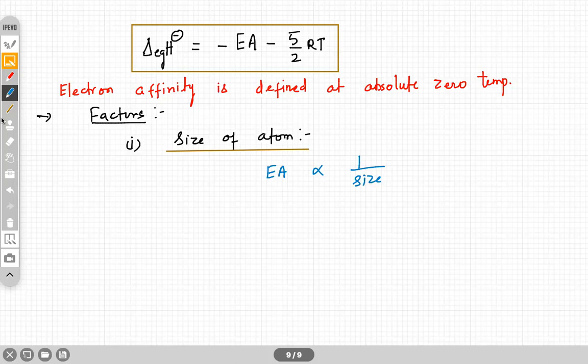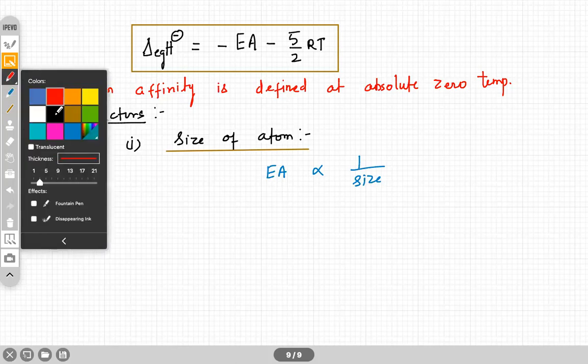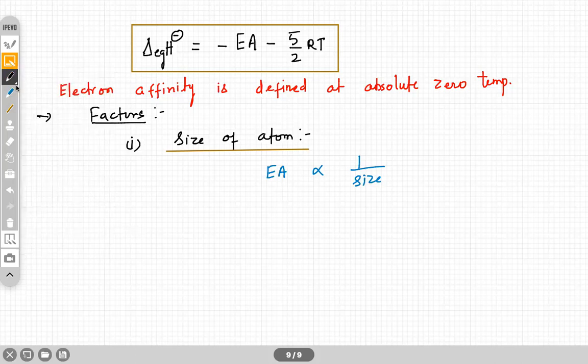Effective nuclear charge, the second one. The second one is Z effective. As Z effective is more, addition of an electron will be easier.